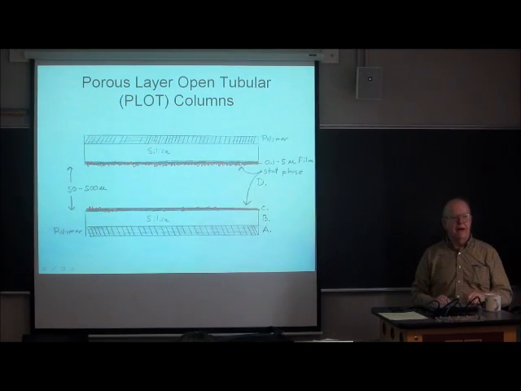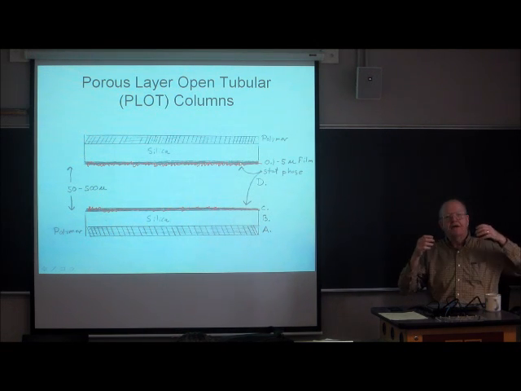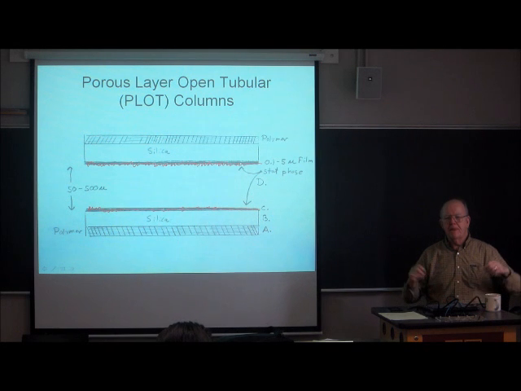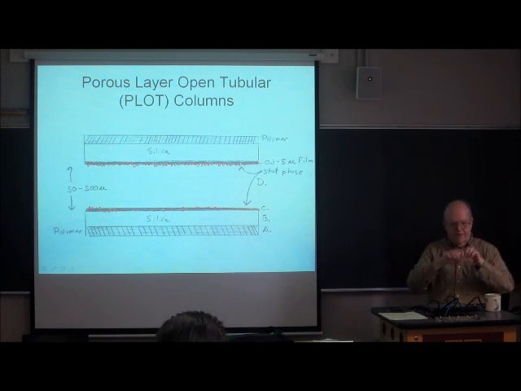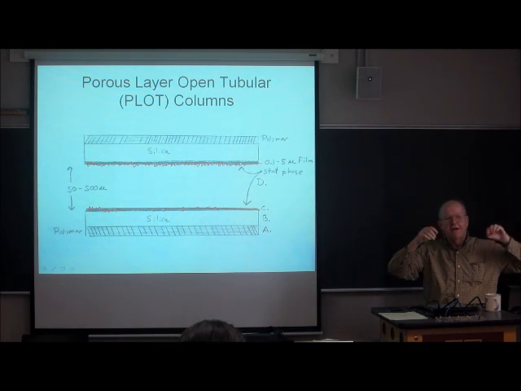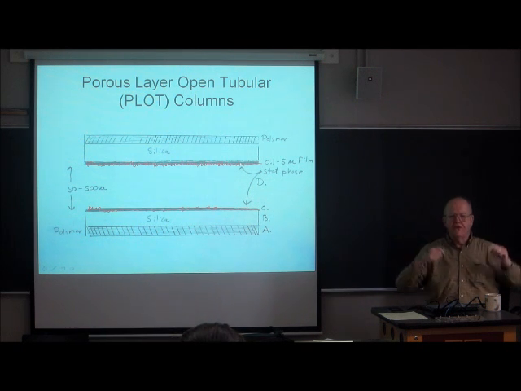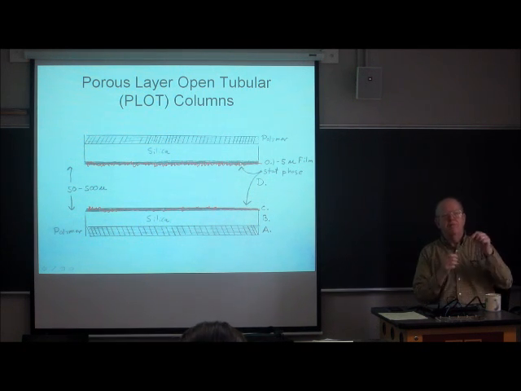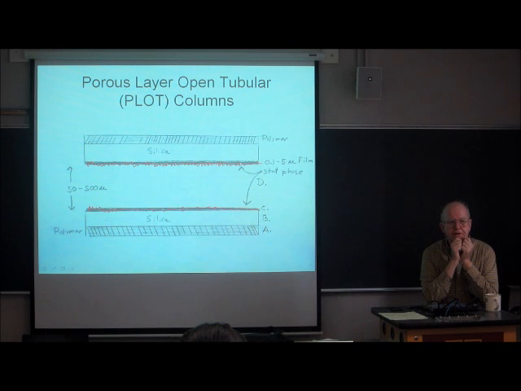They etch the inside of the capillary and grow whiskers in there. And they're trying to get a higher surface area and make the wall have a higher surface area so they can put more stationary phase in there without making it a thicker stationary phase.